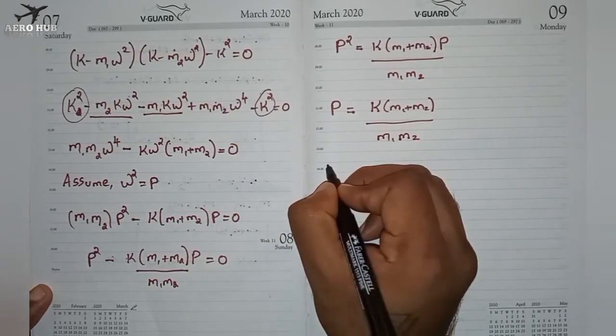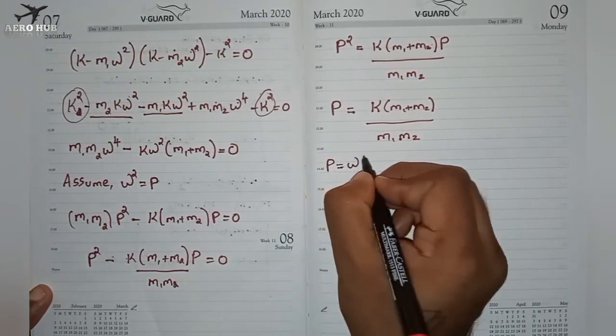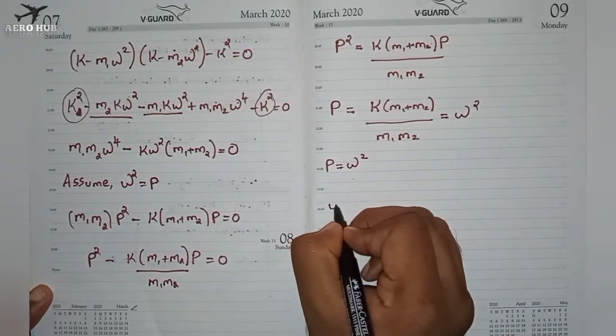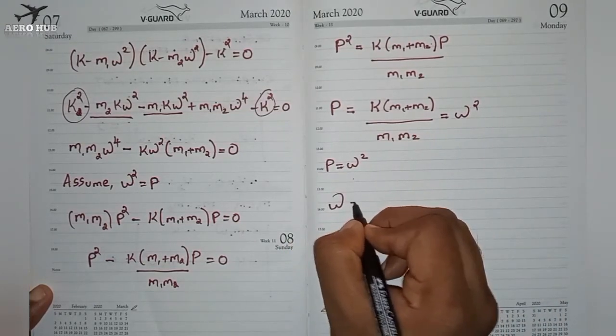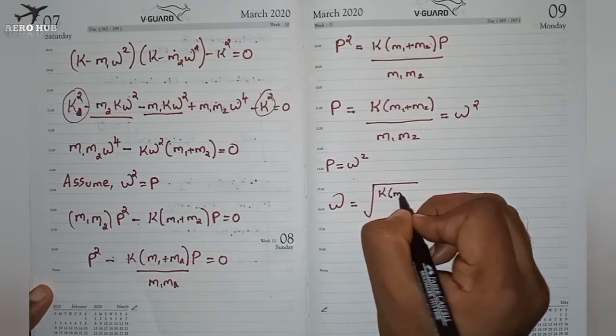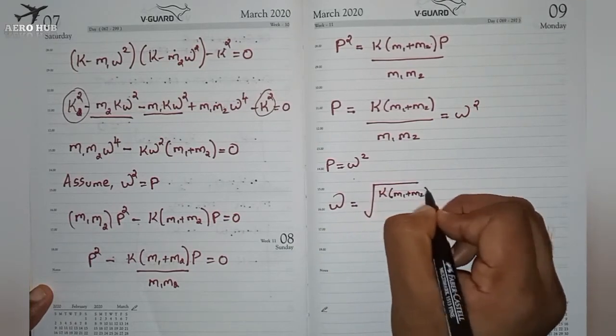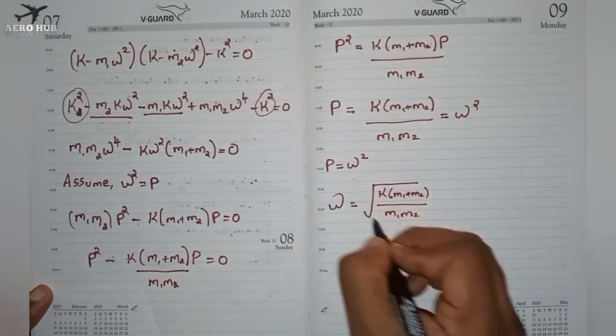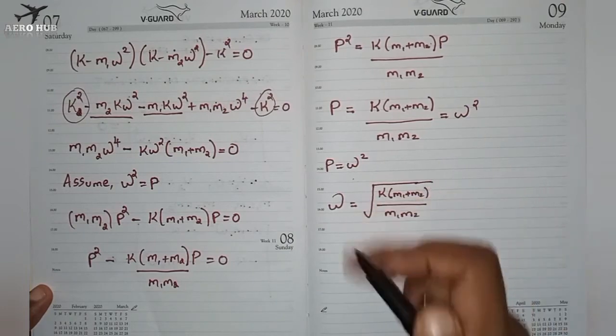What is p here? P is nothing but omega square. Therefore omega will be equal to root of k into (m1 plus m2) divided by m1 m2. So this is the value of omega I got.